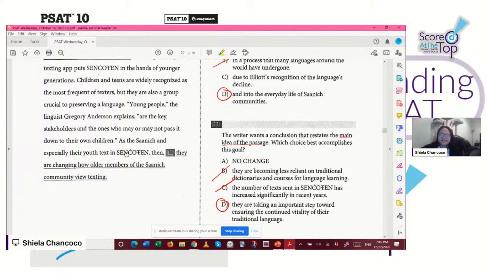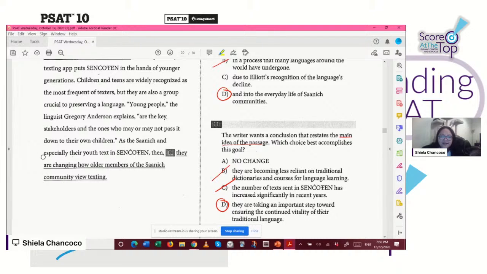As long as you get the main idea, you're okay, right? So for this one, the main idea is that the app helps propagate the language because it was not only documented but also was used by the older generation to spread the language, right? So which one of these best accomplishes that, right?